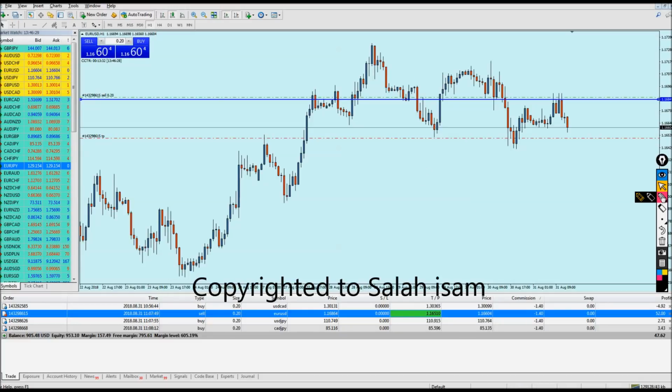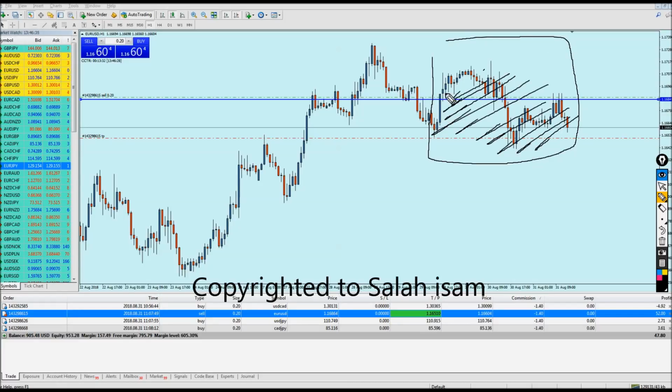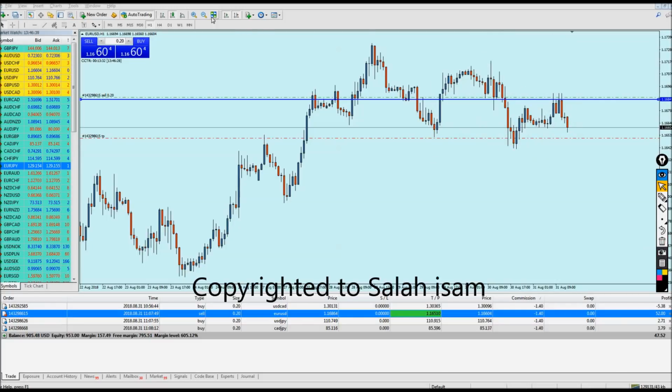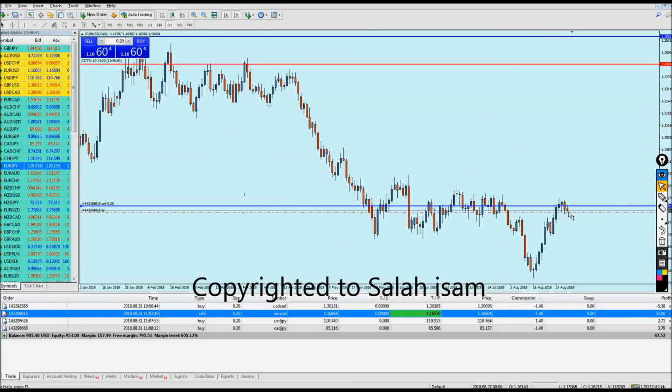Before all these candles appeared, I simply switched to the daily chart, and I saw that the Euro USD has hit this very strong resistance level. And if you want to apply the strategy rules on the daily chart, it just works.